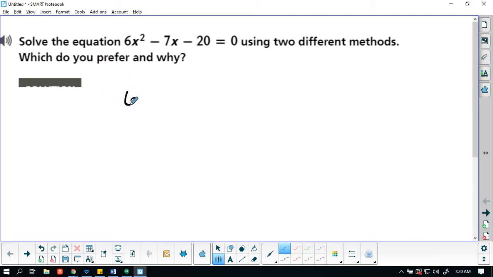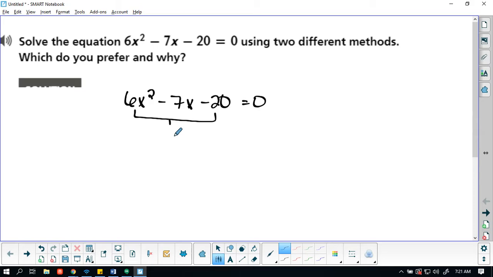So I have 6x squared minus 7x minus 20 equals 0. The first thing I'm going to do is check for a greatest common factor. I thought maybe for a second there was, but there is not.